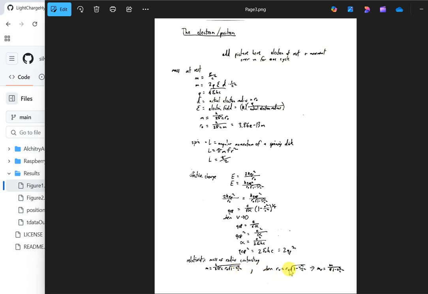So the length is just the base radius times the length contraction, and then the mass is just the rest mass divided by the Lorentz factor. So this gives a really simple explanation for it, because the electron is not a point particle, the radius just contracts, and that affects it relativistically in terms of the mass and the radius in a really simple way.